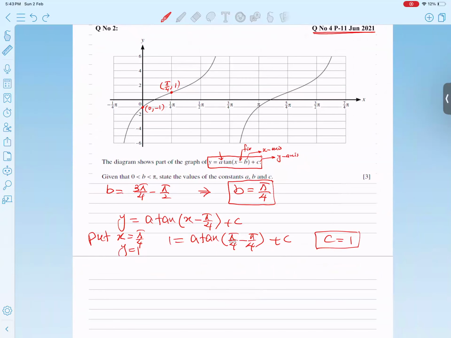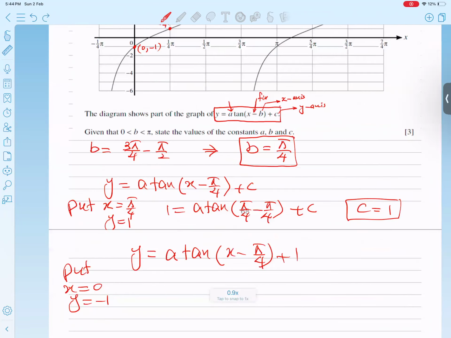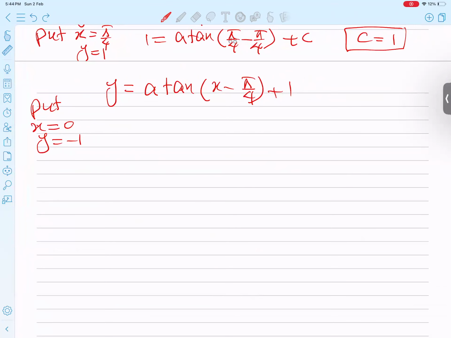So I write the whole equation again, y is equal to a tan(x minus pi by 4), plugging the c value back into the formula. Now only the a value is left behind. Now I'm using x equals 0 and y equals minus 1, which lies here. When I plug in, inshallah, I'll get all my answers. Minus 1 is equal to a times tan(0 minus pi by 4) plus 1.